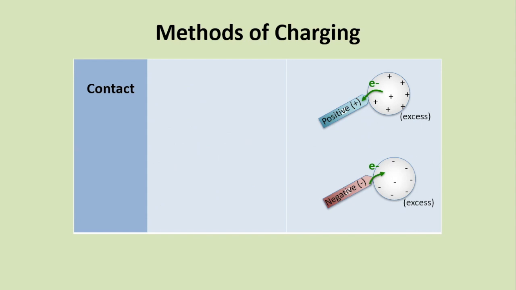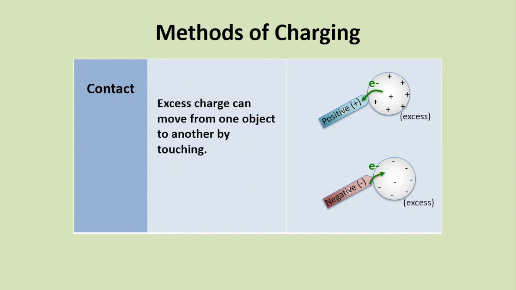Now let's take a look at contact. So we're going to define contact as saying that excess charges are able to move from one object to another just by touching. On the right-hand side, we have some object over here. Is it a conductor or insulator? Well, these charges are pretty evenly spaced out, so I'm going to say it's a conductor.